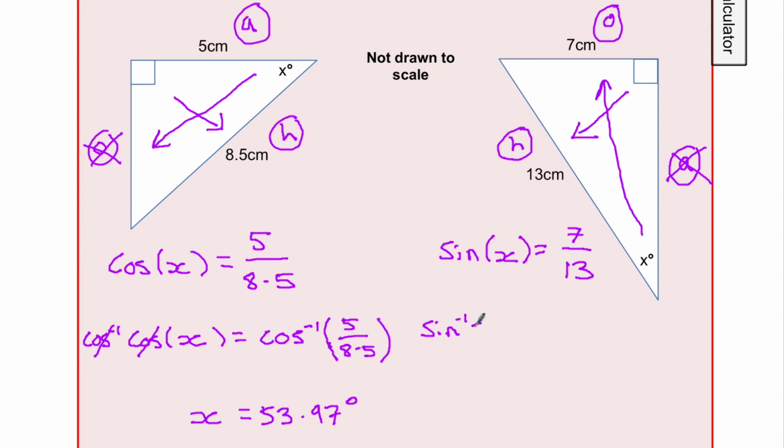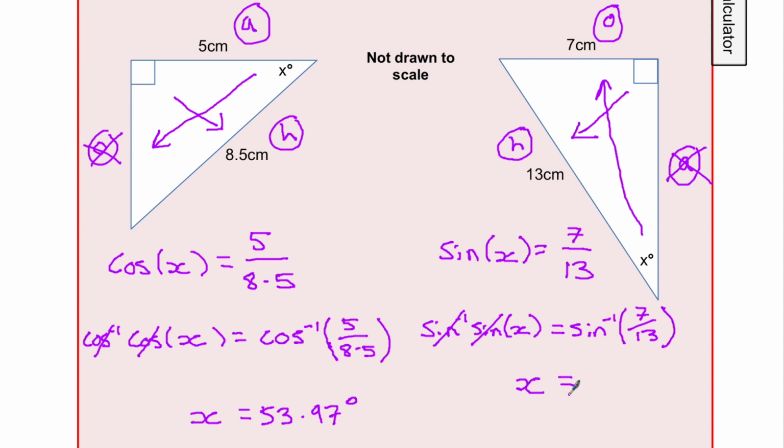Inverse sine of sine X, and do the same to the right, so inverse sine of 7 over 13. These two things are the inverse of each other, so they cancel each other out. So I'm just left with X is equal to inverse sine of 7 over 13.